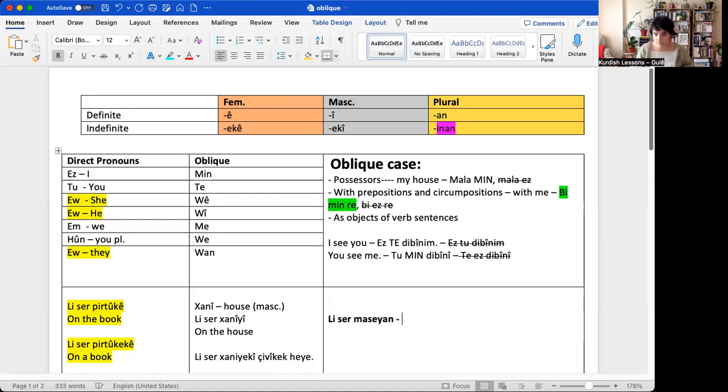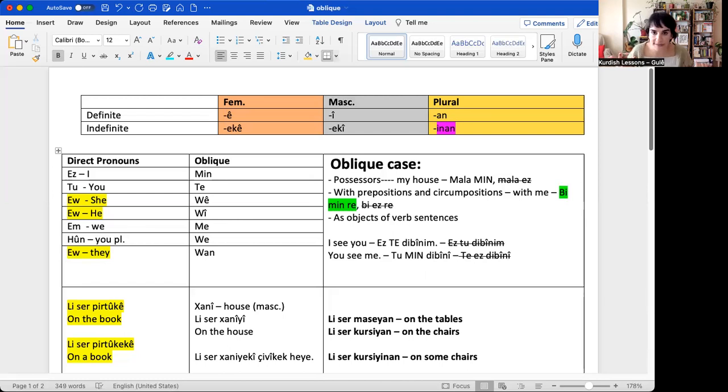And li ser maseyan, on the tables. Li ser kursiyan, on the chairs. So when it is plural, if it is indefinite, you say li ser kursiyan, on some chairs. Li ser kursiyan cilek hene.